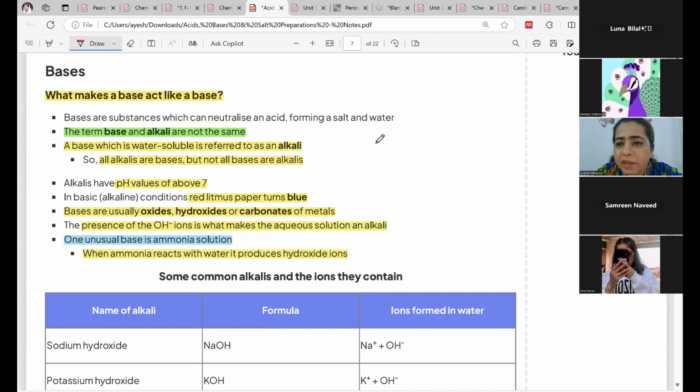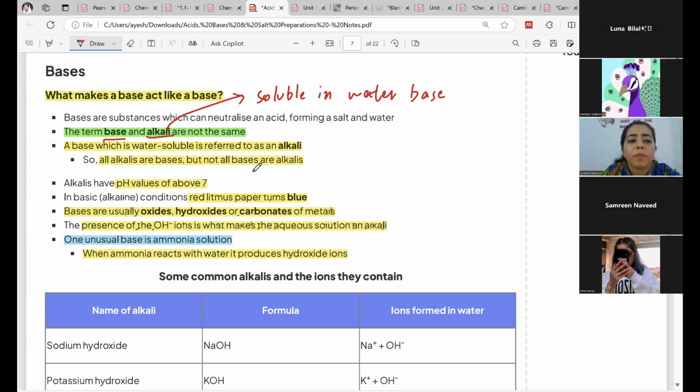Both are bases basically, but alkali is a small term and base is a general term. Base is everything having pH more than 7. It can donate hydroxide ions or accept protons, whatever definition we said, all apply to the base. But alkalis are a group of bases which are soluble in water. So only water-soluble bases are known as alkali.